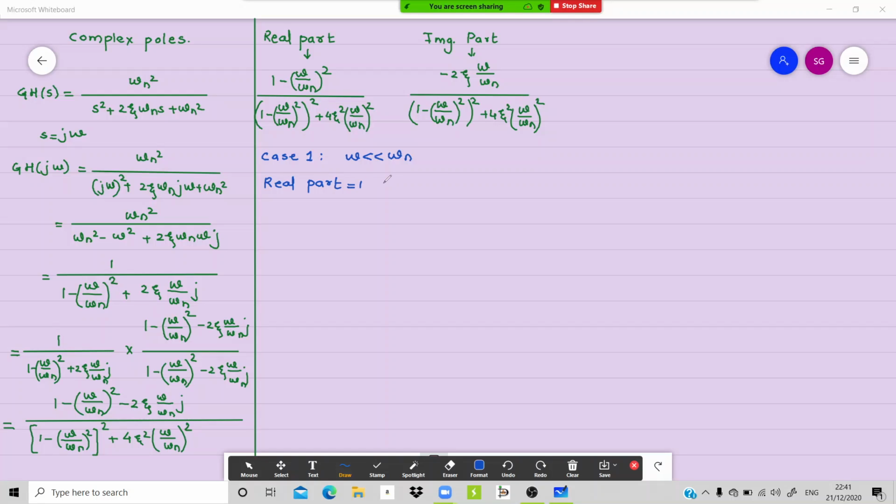So it will be easy for us to substitute. And when omega is very small, this is 0. So 1 plus 0, but this thing is becoming 0, so imaginary part will become equal to 0.